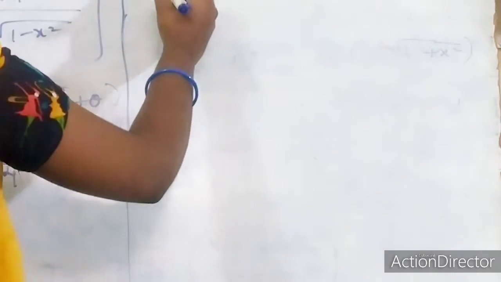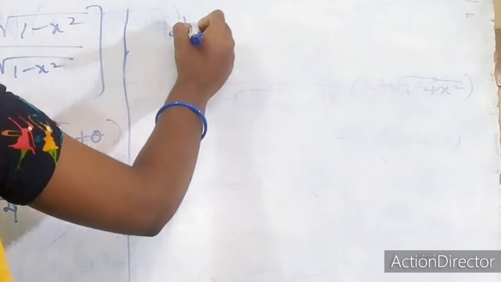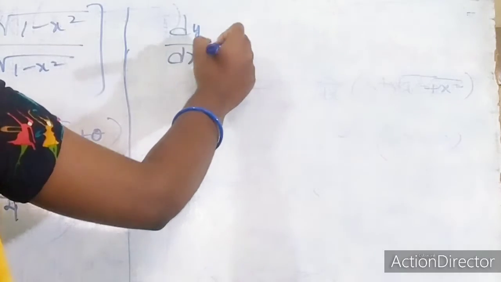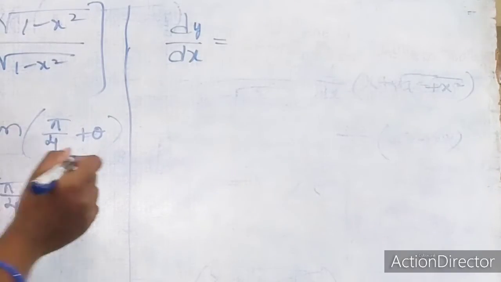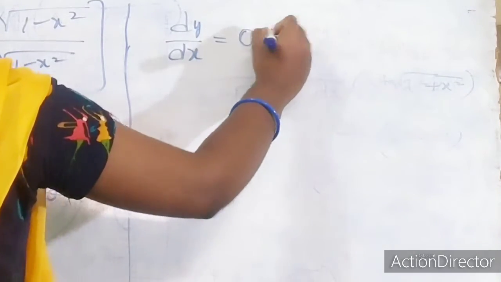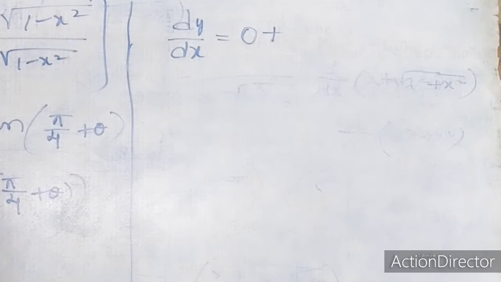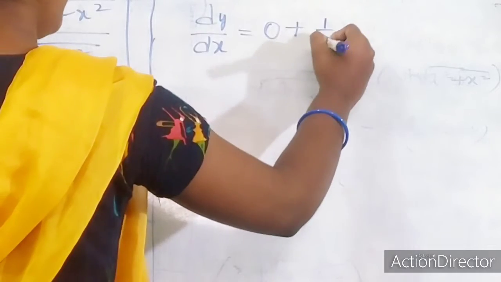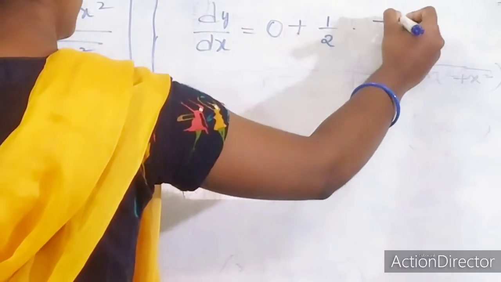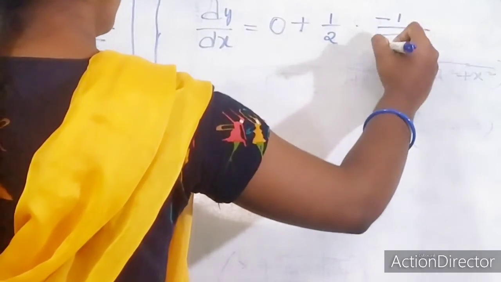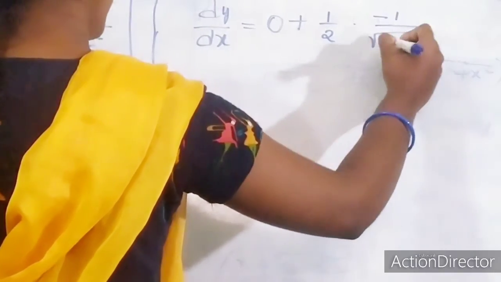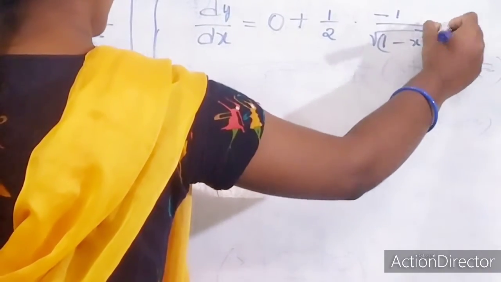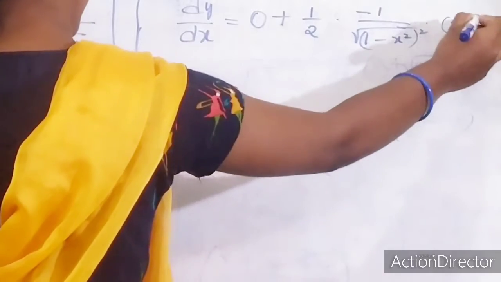Now differentiate with respect to x, that is dy by dx is equal to, the derivative of the constant is 0, so plus here 1 by 2 into the derivative of cos inverse of x square, that is minus 1 by root of 1 minus (x square) whole square into the inner derivative of x square.